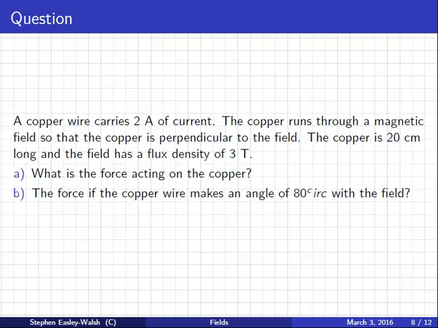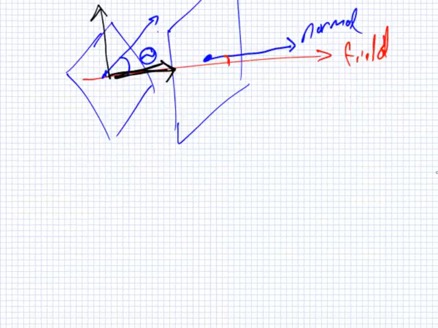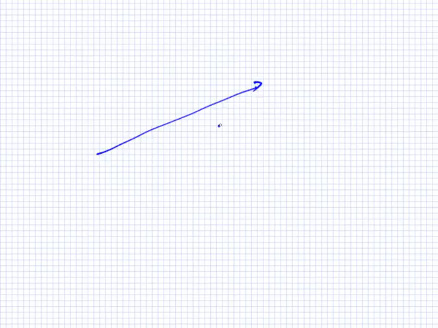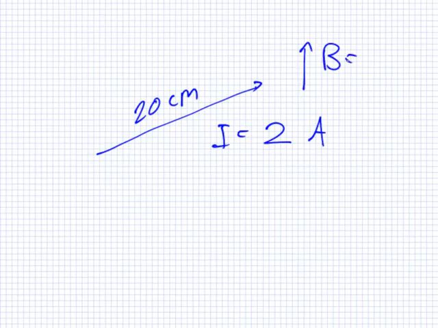You got this? Yes? Okay. So, let's have a look here. The first thing, how much current do we have? 2 amps. And what's the length here? 20 centimeters. And the magnetic field density? 3 T. What's the unit T called?